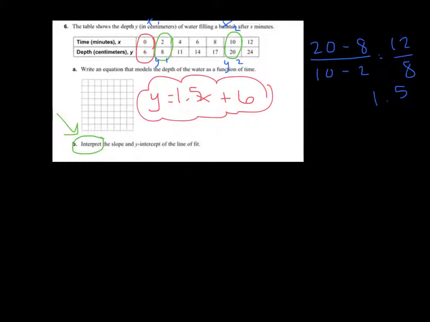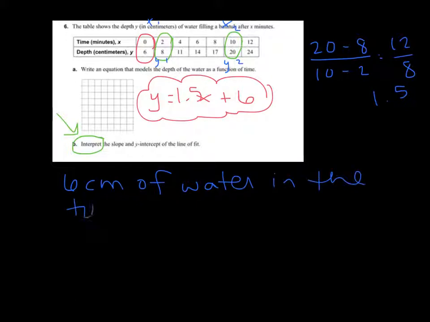This says when the time was 0, the depth in centimeters was 6. So what does that mean? Well, what that means is that there was 6 centimeters of water in the tub to start with. Remember, back when we first started our linear stuff, we talked about that the y-intercept was usually a starting amount or an initial value. So this y-intercept is that there's 6 centimeters of water in the tub to start.